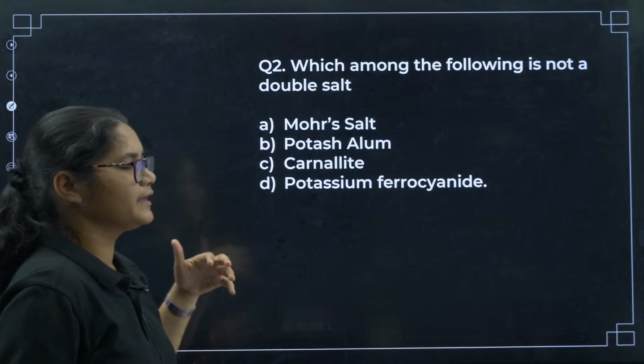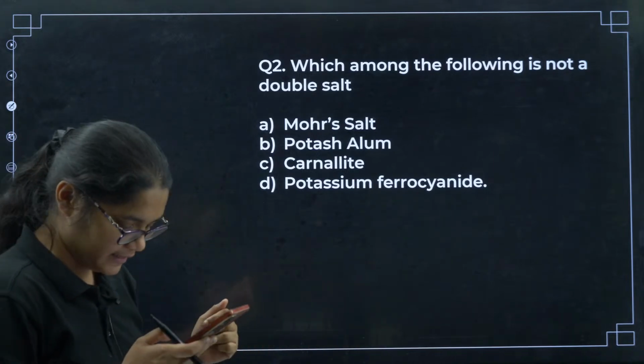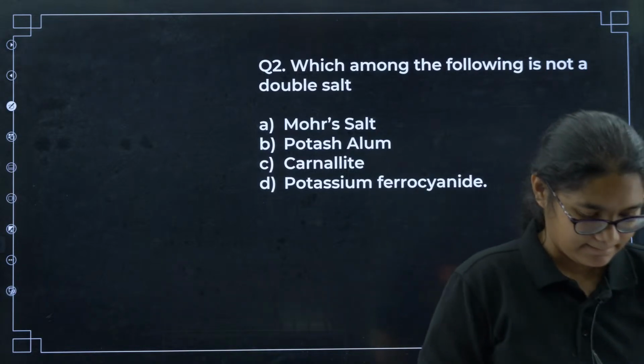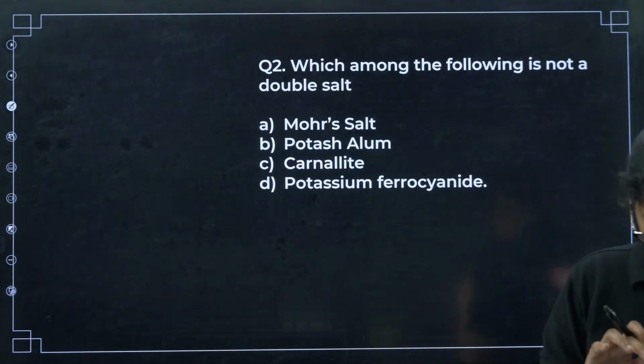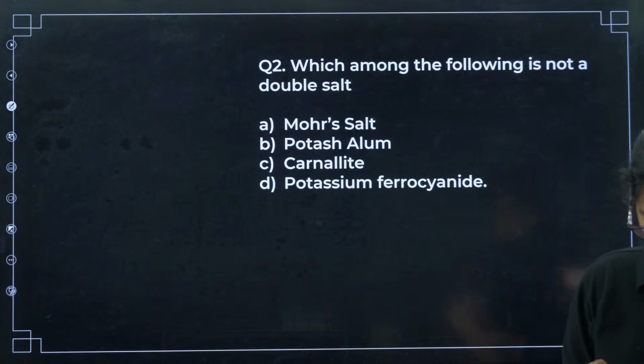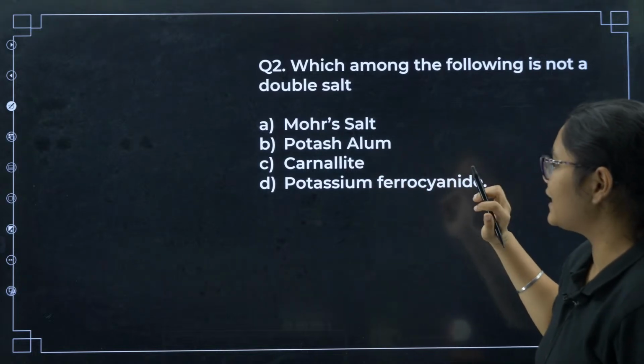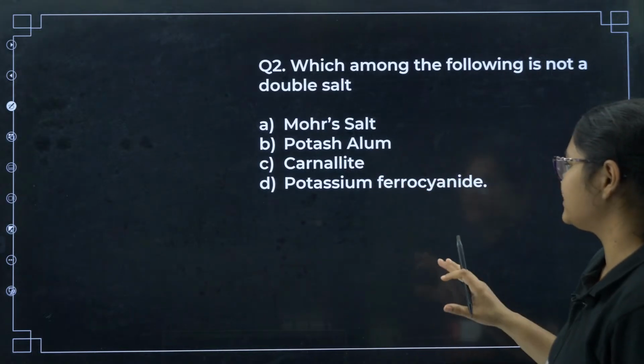Which among the following is not a double salt? Very easy question. Is it Mohr's salt, potash alum, carnallite, or potassium ferrocyanide?